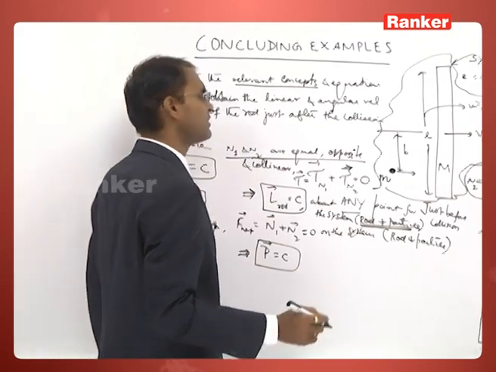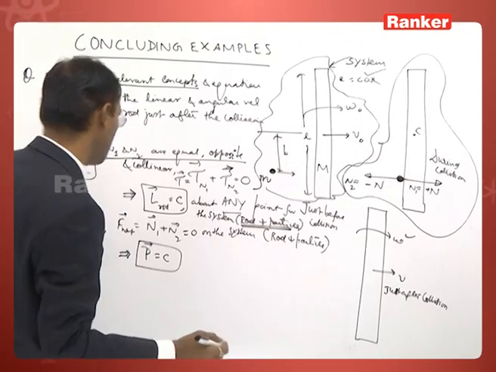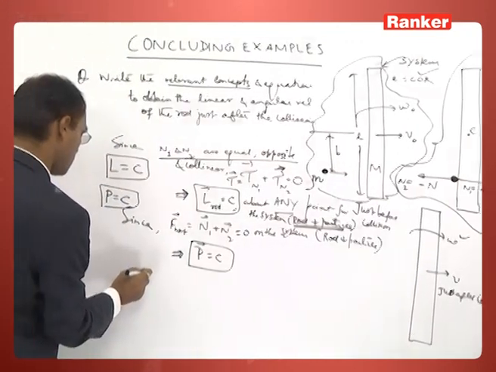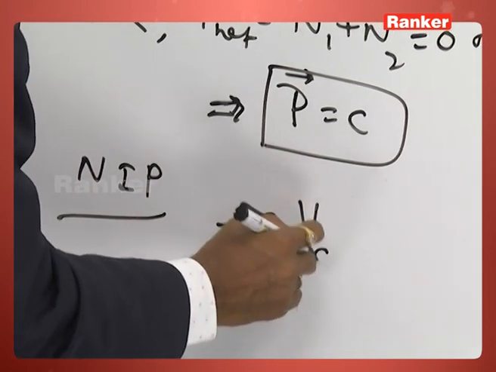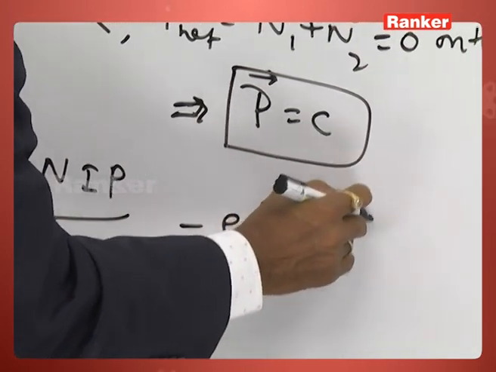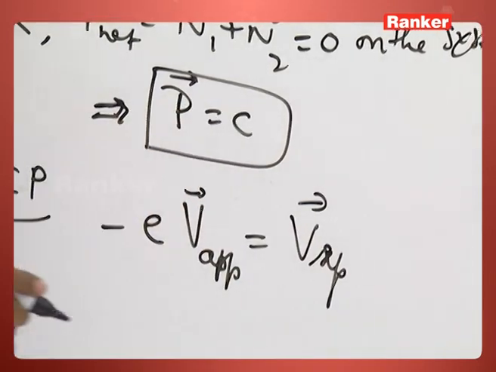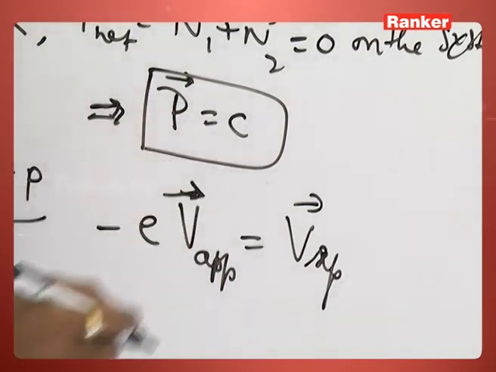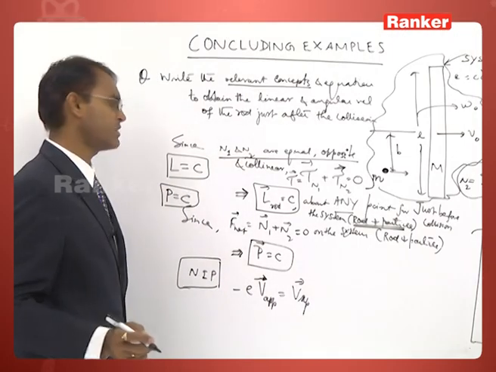And the third concept, during the collision, we can apply Newton's empirical formula: minus e into velocity of approach is equal to velocity of separation. This is the third concept.